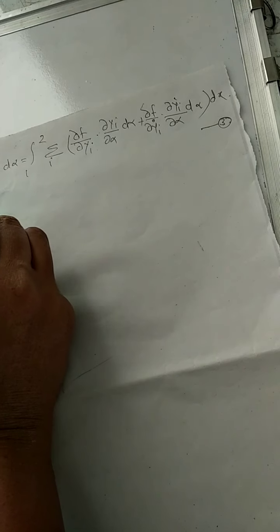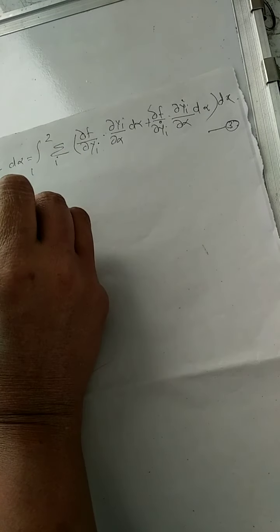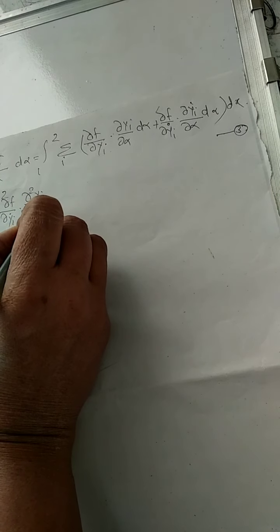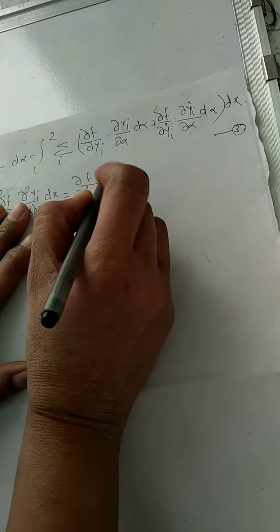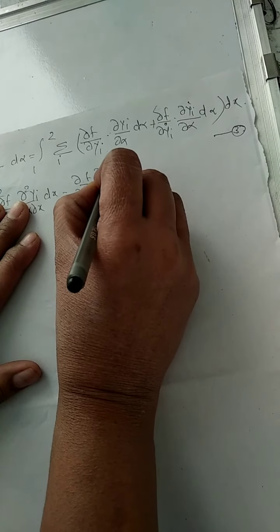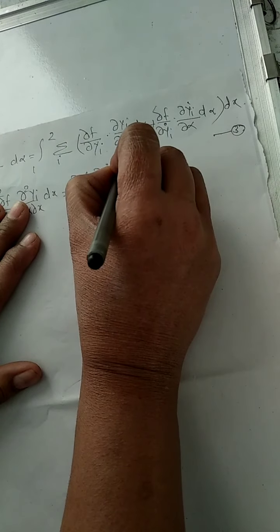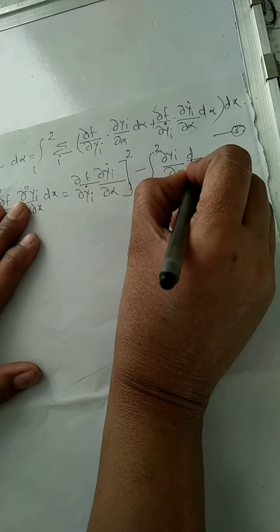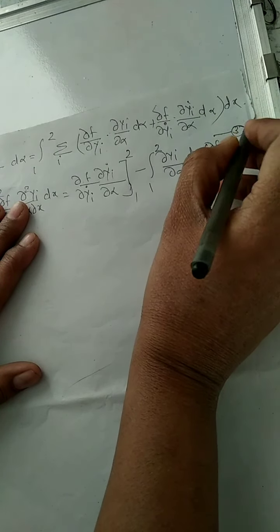We get the integration 1 to 2 of del f upon del yi dot into del squared yi upon del alpha del x dx, which is equal to del f upon del yi dot into del yi upon del alpha taken between points 1 and 2, minus the integral of del yi upon del alpha into the derivative with respect to x of del f upon del yi dot, dx.